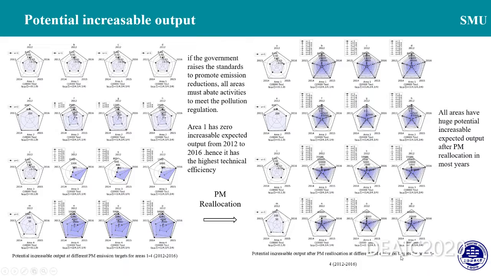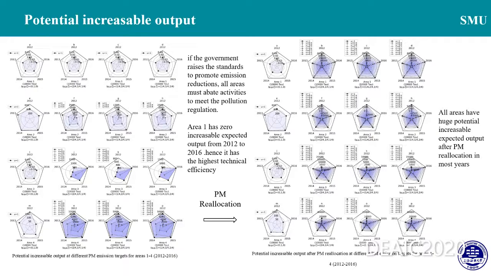Let's turn to the right part. The right part shows the potential increasable output after PM reallocation. In our paper, we assume the PM reallocation could work in certain areas, and we call PM reallocation a cooperation strategy, and non-PM reallocation a non-cooperation strategy.